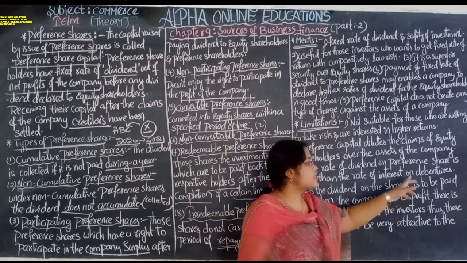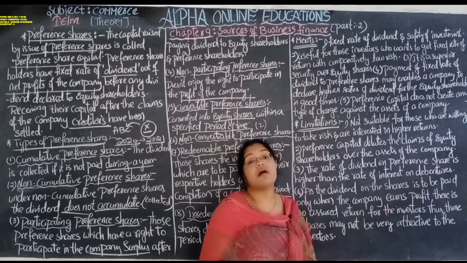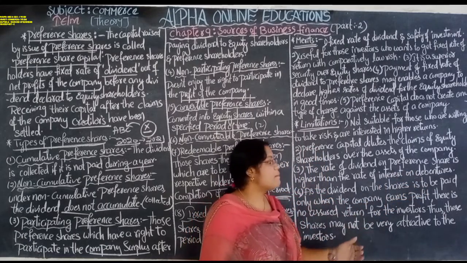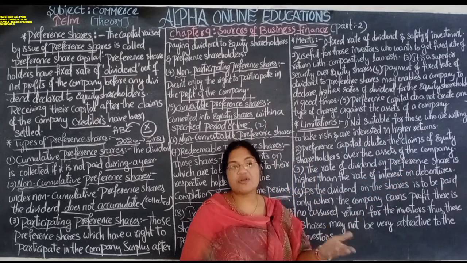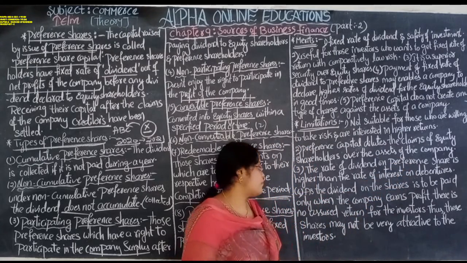For the debenture holder we will pay interest, while the preference shareholder gets a dividend. When we compare the two, the preference shareholder is getting the higher rate of returns.